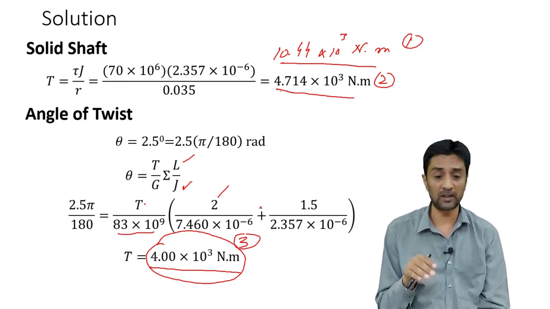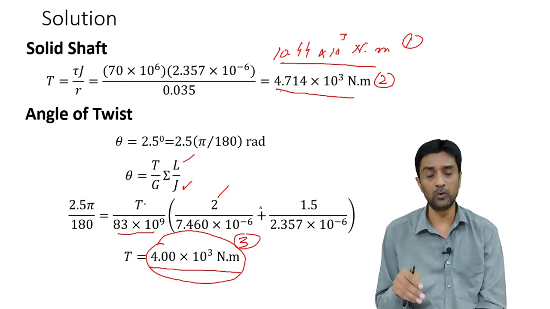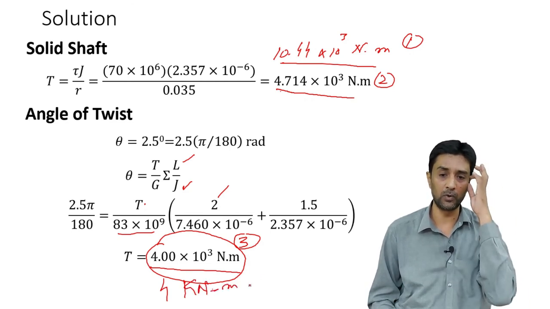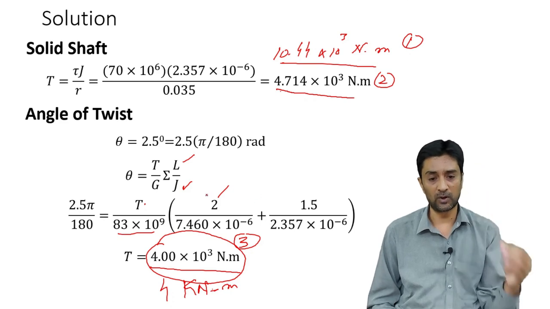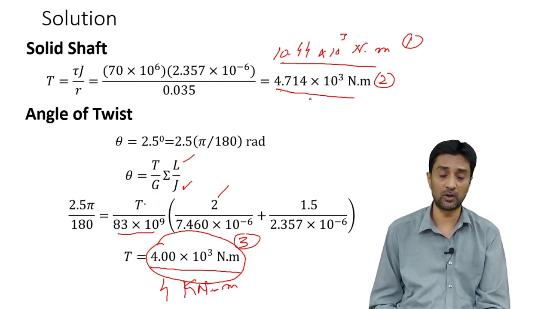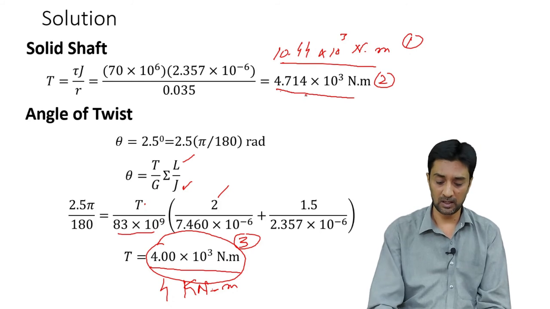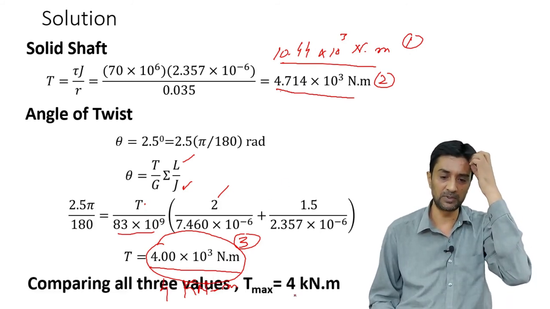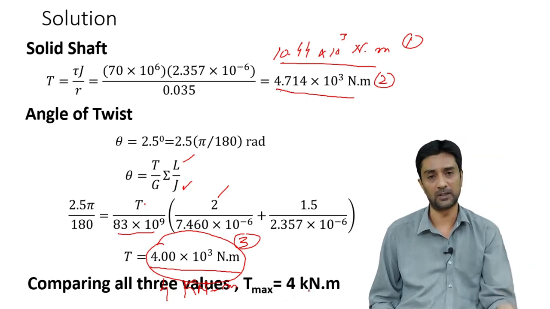So if you apply a torque of 4 kilonewton meter, so let me call this as a kilo. So you can say this is 4 kilonewton meter. So if you apply a torque of 4 kilonewton meter, you would be safe for the angle of twist, you would be safe for the solid shaft, and you would be safe for the hollow shaft as well. So comparing all three values, the maximum shearing resistance turned out to be 4 kilonewton meter.